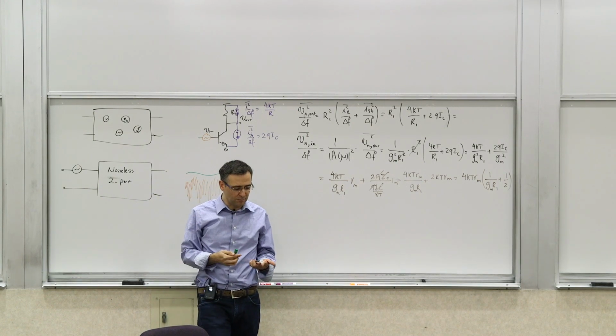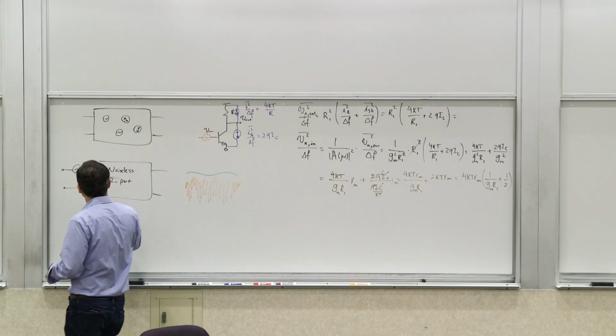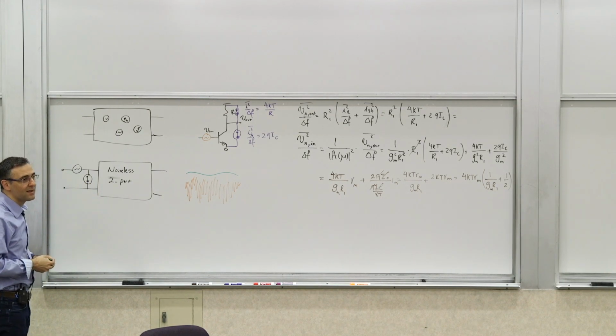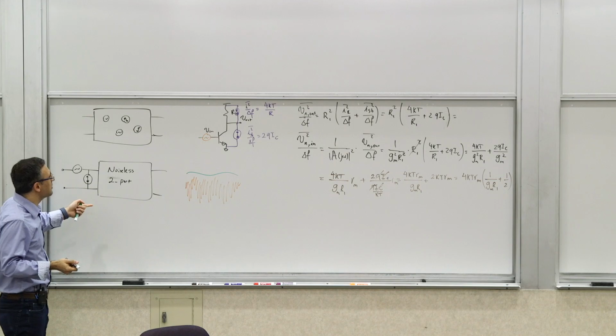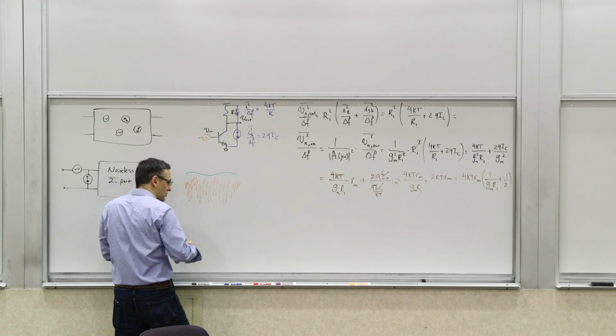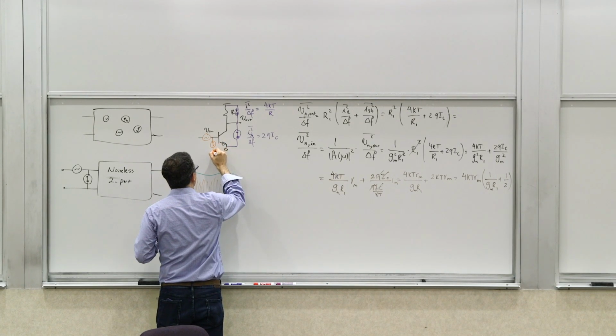Now, what is the complete model? It's not far from that. You basically need 2 noise sources, a current source and a voltage source. And if you do that, you will see that actually this works out. Another way to think about it is that you also had a current source here too, so you have the combination.